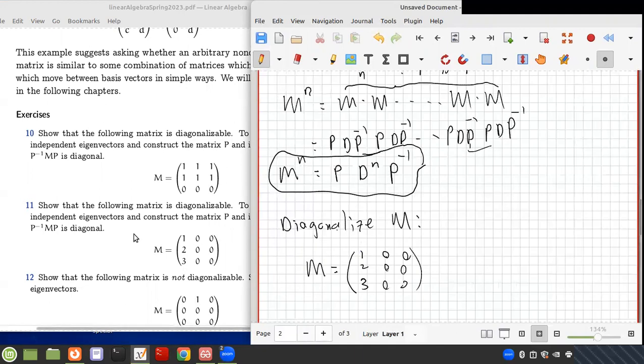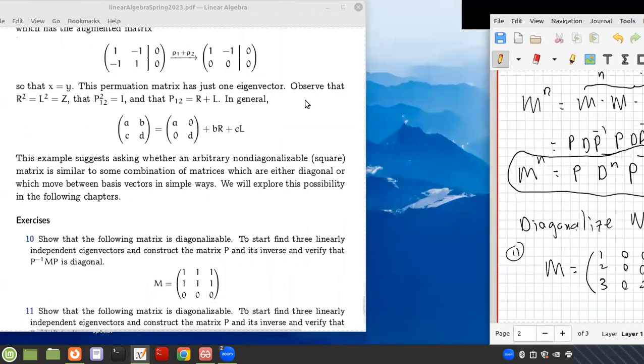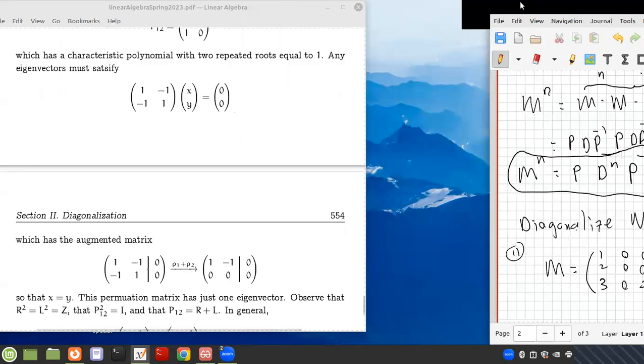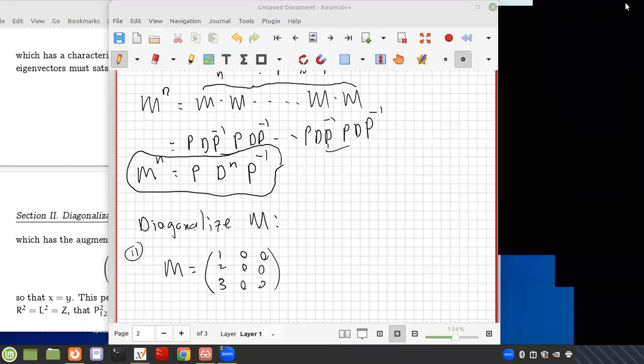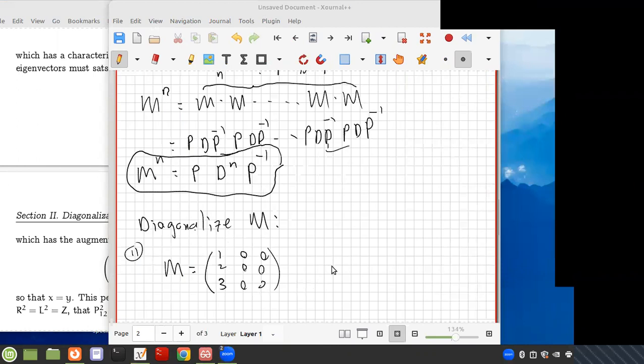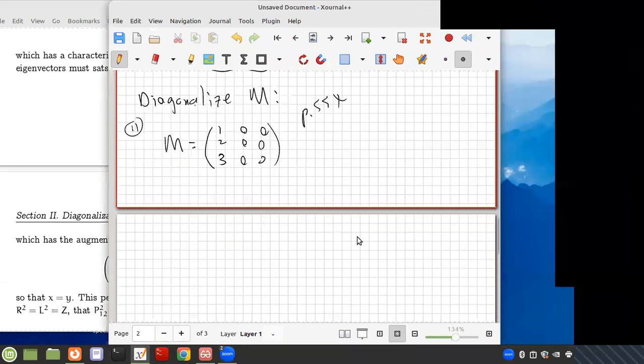This is problem 11 on page 554. Okay, well, this will be a review of finding eigenvectors and eigenvalues.